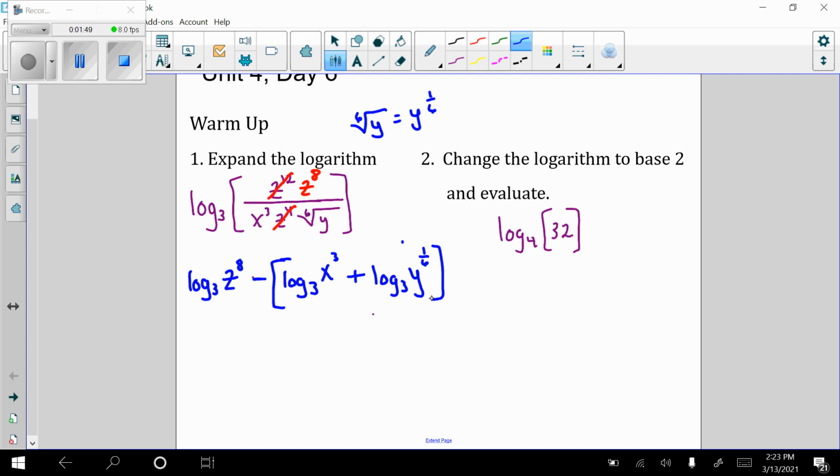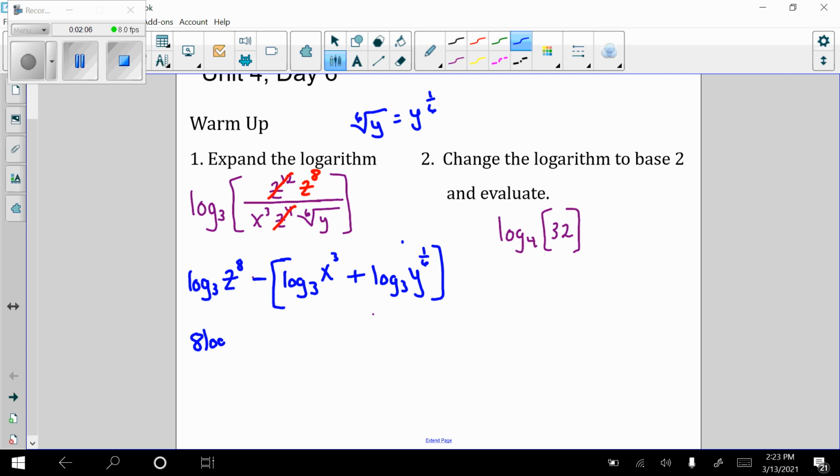So now I can distribute my negative sign and bring those exponents down front using my distributive property and my power property. So the 8th is going to come out front.